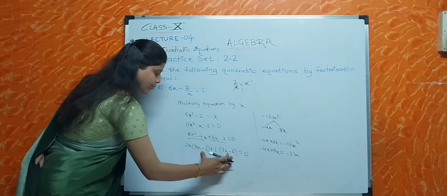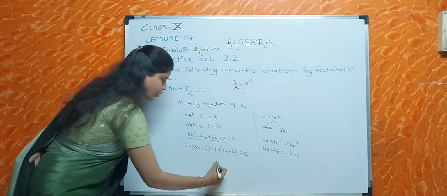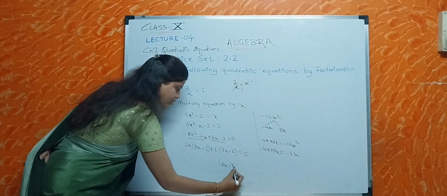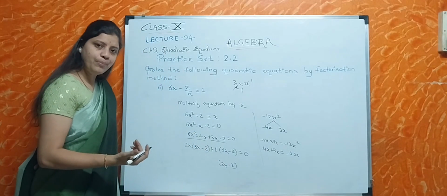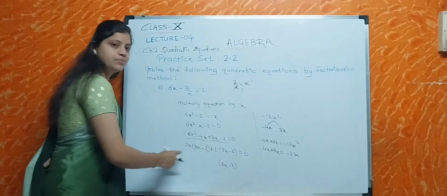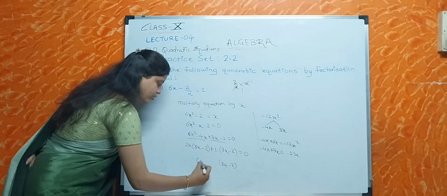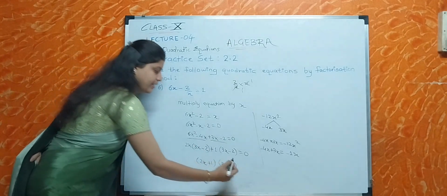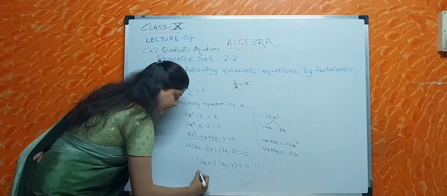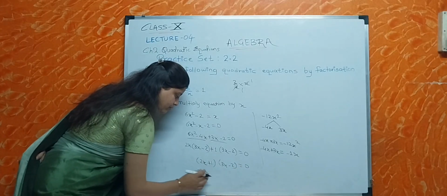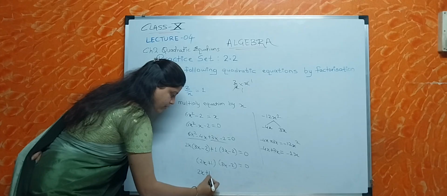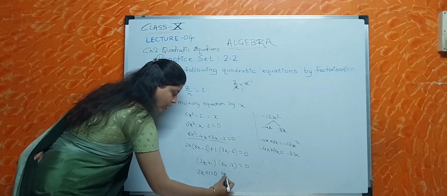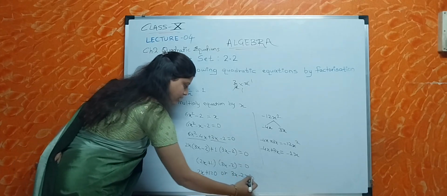Now see, both the brackets are same. So 3x minus 2 we will write in a single bracket and the remaining terms in another bracket, 2x plus 1, equal to 0. So we get 2x plus 1 is equal to 0, or 3x minus 2 is equal to 0.